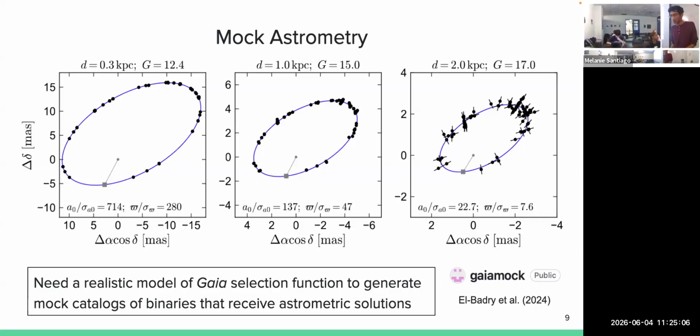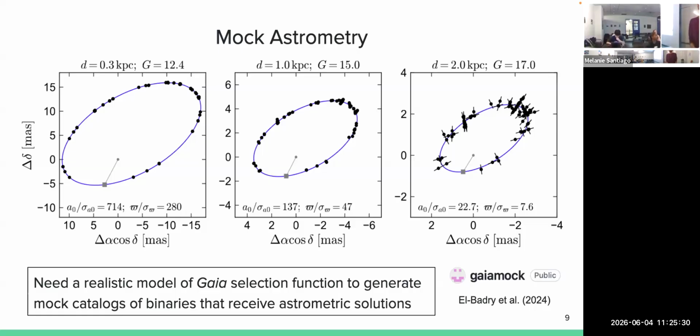And this plot was produced using a code called Gaia mock. It's a public code written by my advisor, which is designed to do exactly this: model the selection function of Gaia, model the astrometric cascade, or all of these models that Gaia fits to determine what kind of solution is assigned to a given source on the sky.